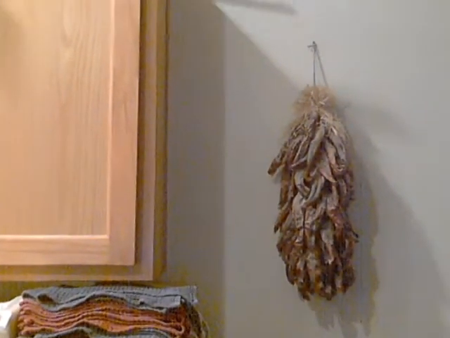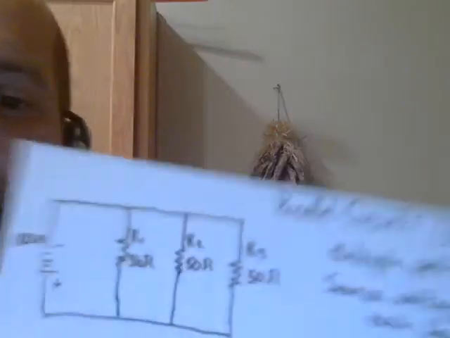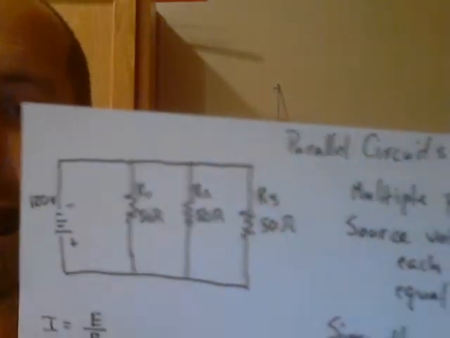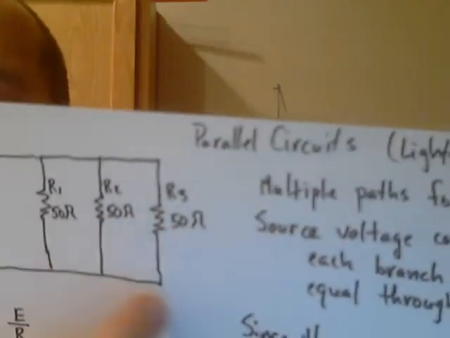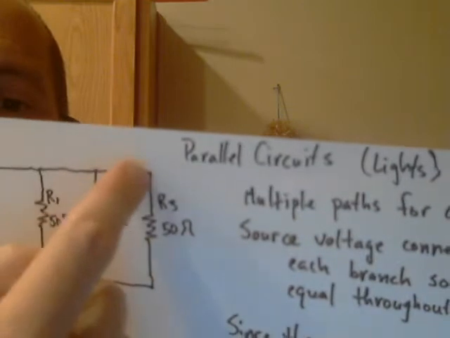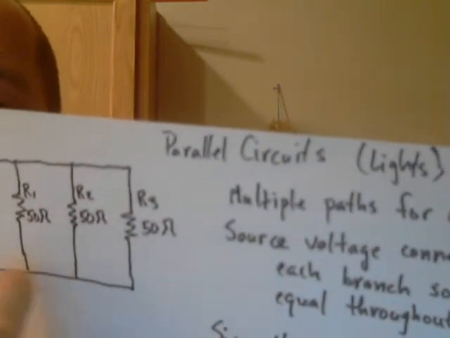Now, let's quickly review the rules for parallel circuits. So here I have a parallel circuit, and in this case, everything is kind of reversed. The current is not going to be the same at all points throughout the circuit because it has different paths to flow through.